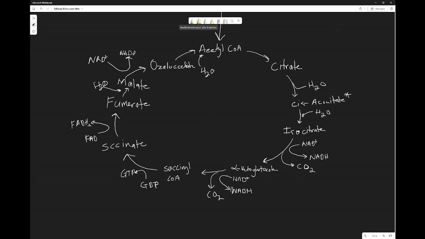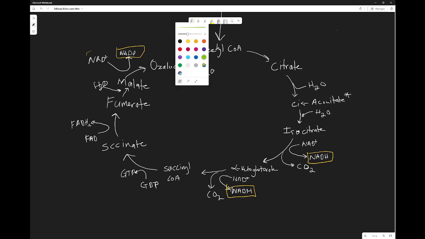Now let me just highlight key molecules that are produced. So we see NADH here, NADH here, NADH here. We also have our FADH being produced here, right?